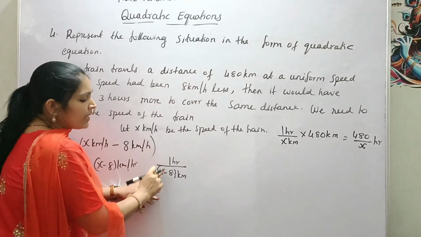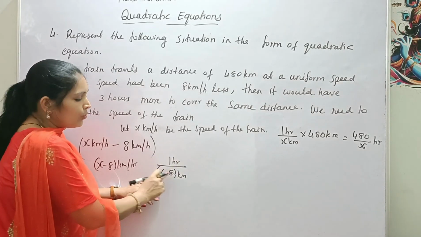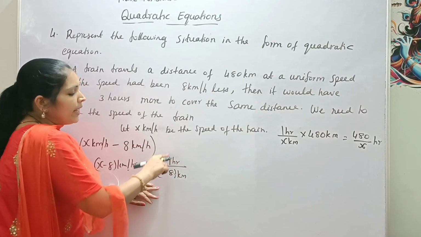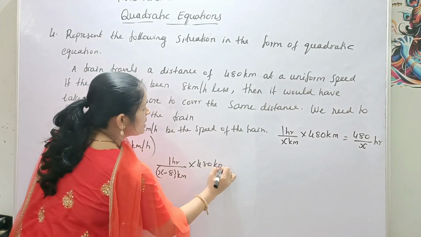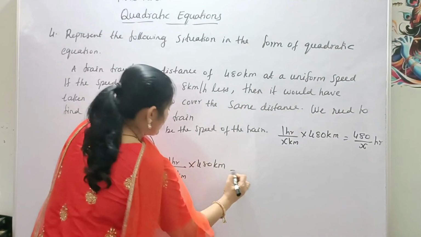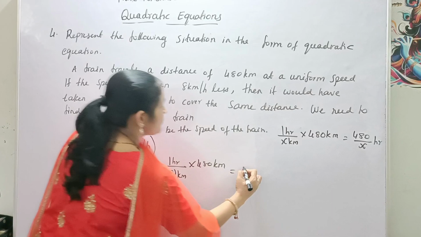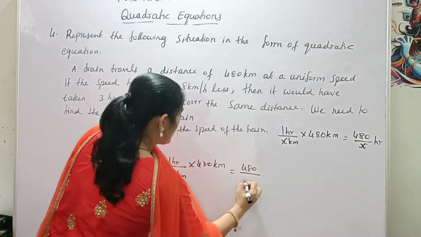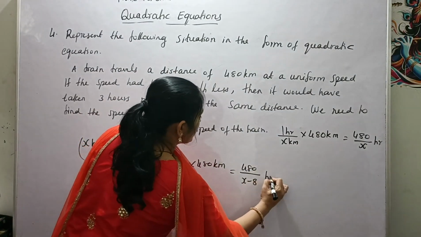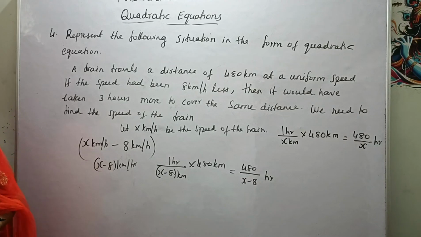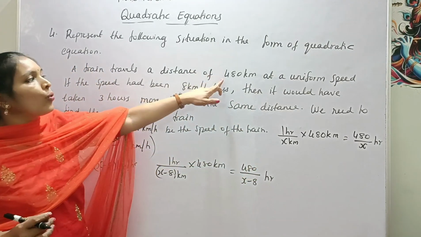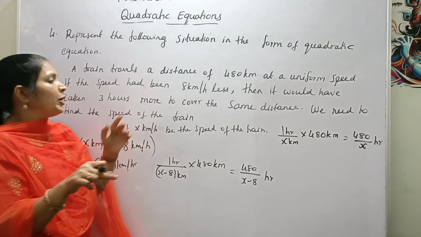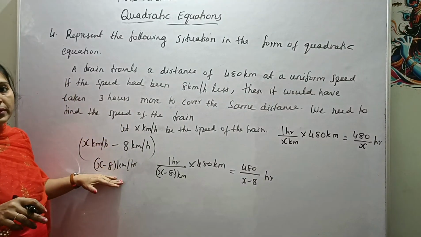Then for 480 kilometer, what is the time? That is 480 divided by x minus 8 hours. So it is the time taken for 480 kilometer at the speed of x minus 8.